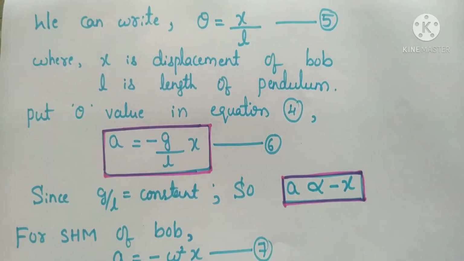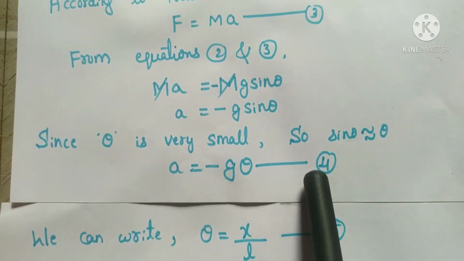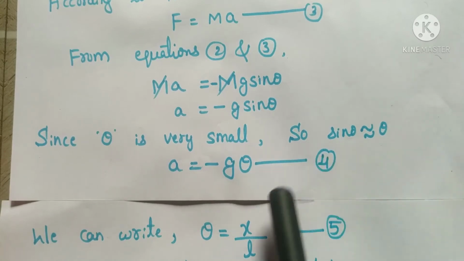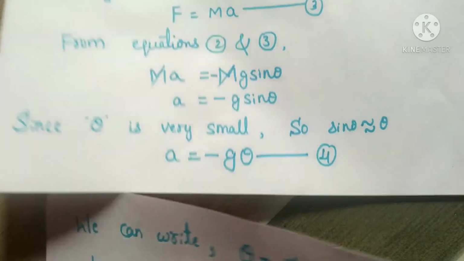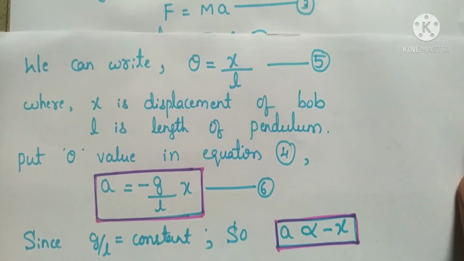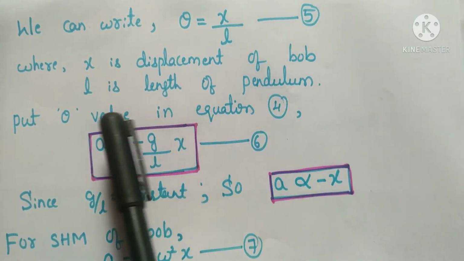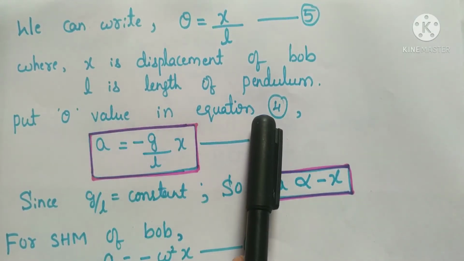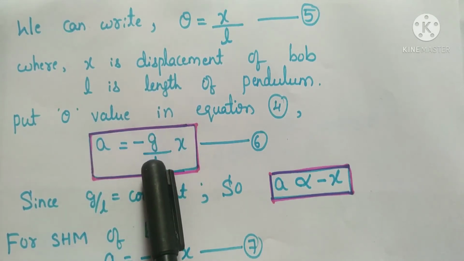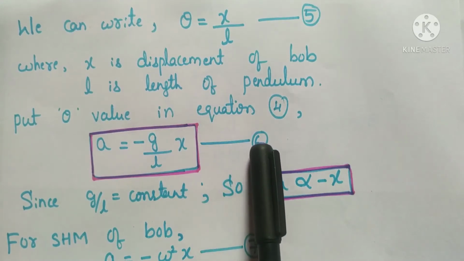Putting the value of theta in equation 4, the equation becomes a equals minus g by L into x. We'll name this equation number 6.